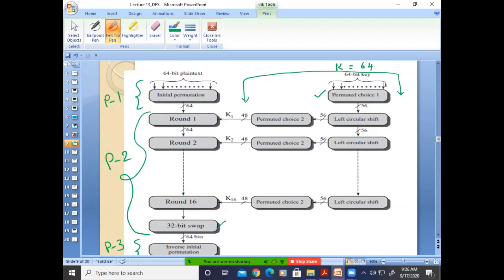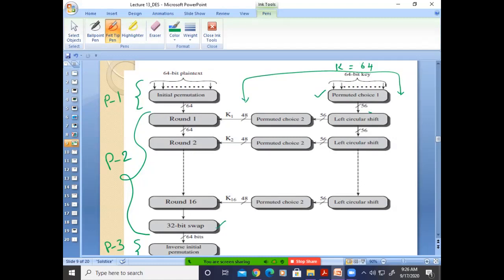So permuted choice 1 generates 56 bits. After that we have to perform a left circular shift. We will see it in detail later, just see now block diagram wise. So the 56 bits go through the left circular shift, and after that those bits go on for the next key generation, or K2, right?